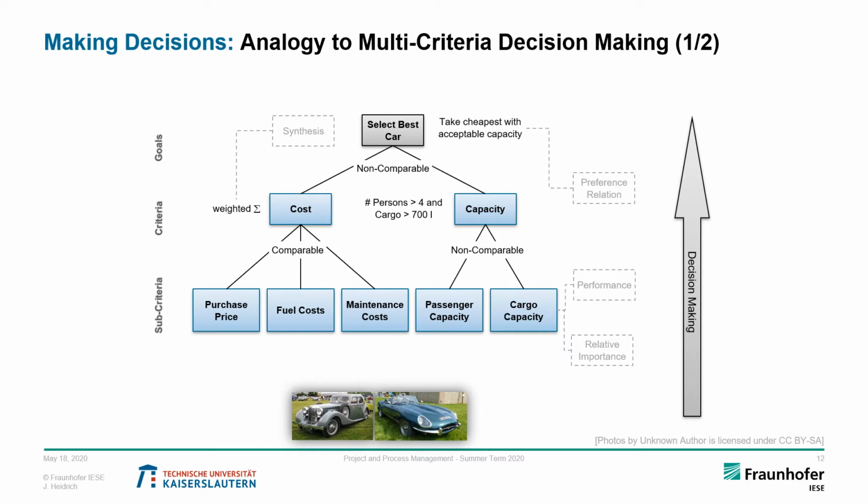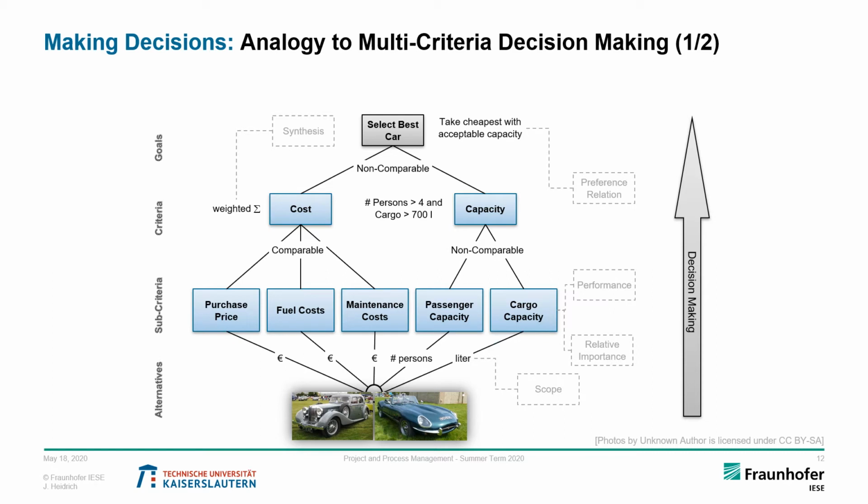How important is the purchase price compared to the fuel cost, compared to the maintenance cost? And we have several items that are non-comparable, such as the passenger capacity and the cargo capacity. You cannot simply add up 4 persons and 700 liters. This does not make sense. So in that sense, we need to think about how to aggregate these numbers.